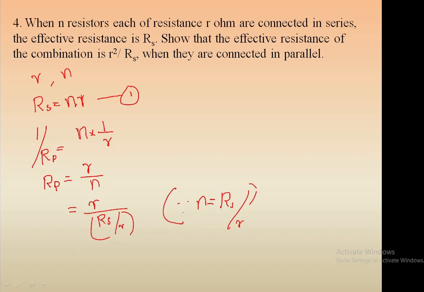So Rp is equal to r square by Rs. Okay, so we have proved that the effective resistance of the parallel combination is r square by Rs.